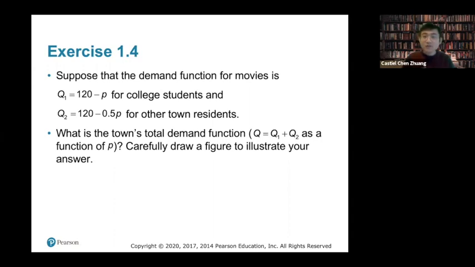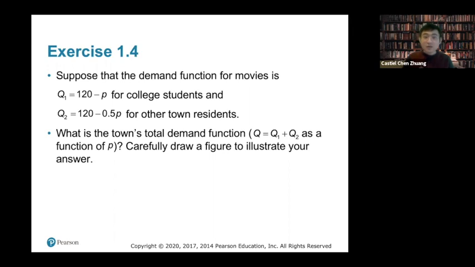The aggregate demand will just be a sum of the quantities demanded. But you have to be very careful about the range for the price. For college students, the highest price that they can accept is 120, right? When the price is higher than 120, they will not demand any movie tickets at all. But for town residents, the highest price that they can accept is actually 240, okay?